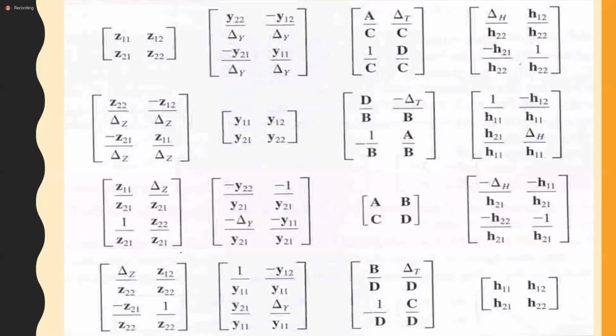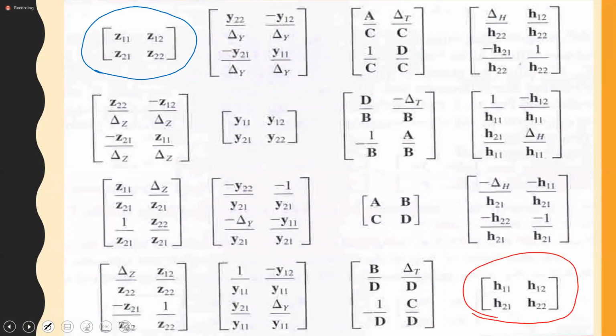So let us say you are comfortable finding the impedance parameters. So what you have are the Z parameters, and let us say what you wanted were the hybrid parameters. So you have Z, and you want H. Now to go from Z to H, listen carefully.